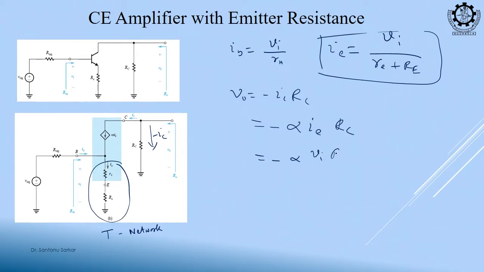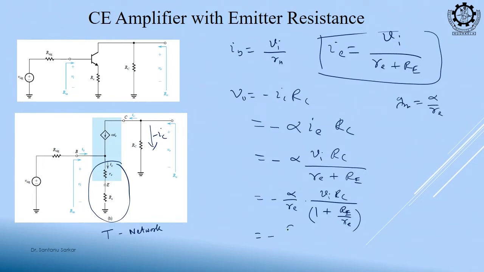What is IE? Put this value, minus alpha VI RC by re plus RE. Take that re common, minus alpha by re VI RC by 1 plus RE by re. Now, you see alpha by re is my Gm.